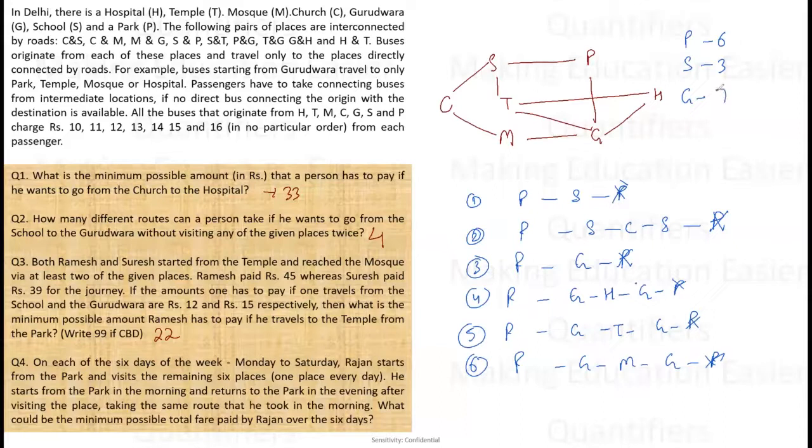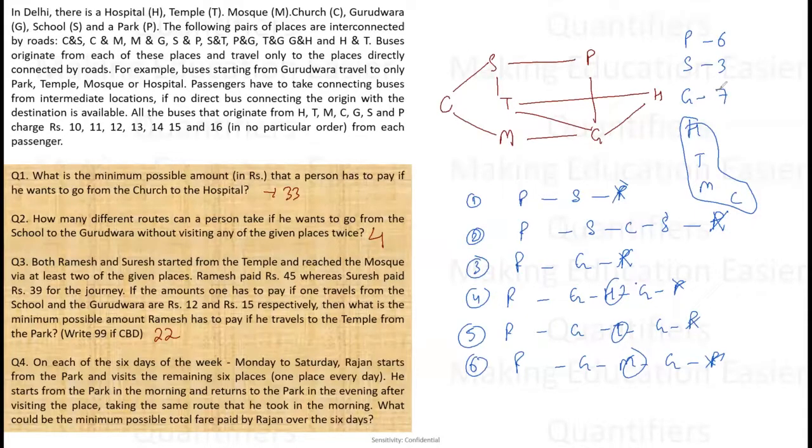So G is used 7 times. OK. Now, the rest: H, T, M, and C. These are all used only one time. So I can allocate them any money that I want. It will not matter, because ये चारों तो एक ही बार use हुए हैं ना.